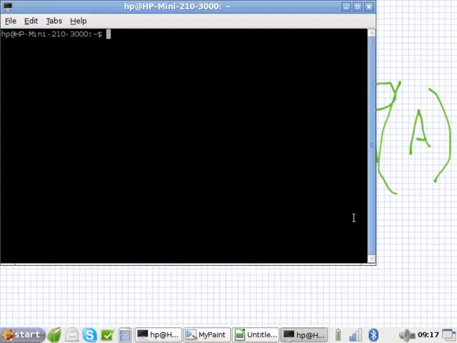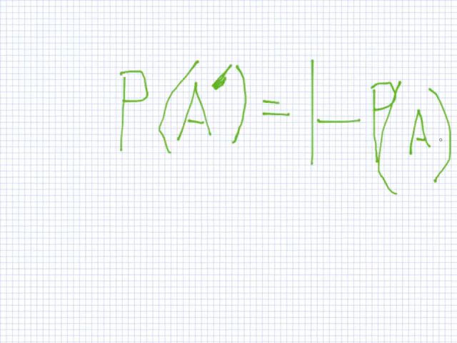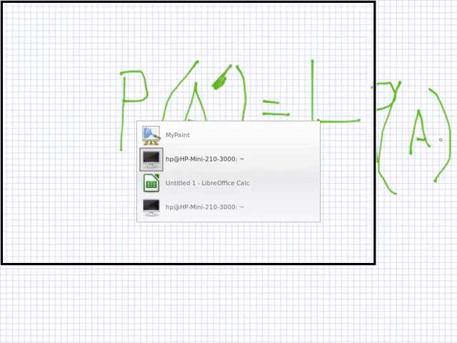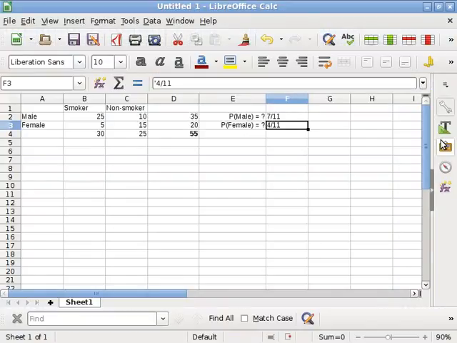So you can see that working here. The probability of getting female is the same thing as the probability of not male, which is 1 minus the probability of male, which is 1 minus 7 over 11, which is the same thing, 4 over 11.